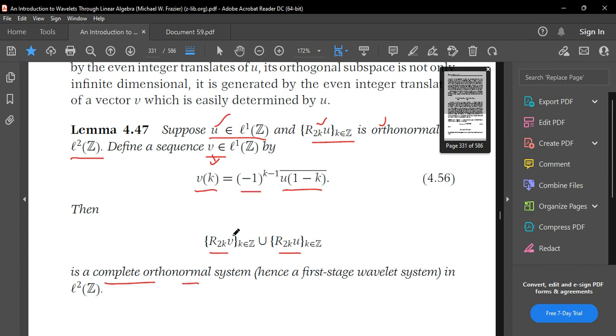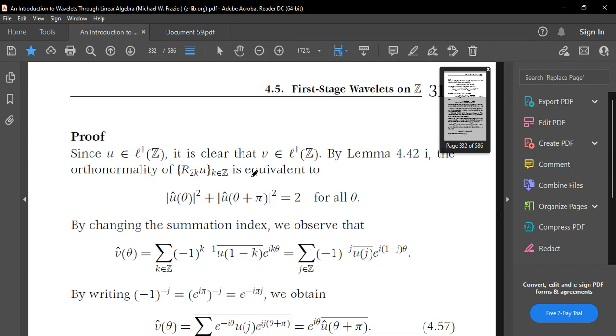By this result, we only need to have this U element. We don't need to have this V as a separate element. You can construct V from U, that is V is equal to minus 1 raised to k plus 1 from U. A similar result we have seen in the finite case.